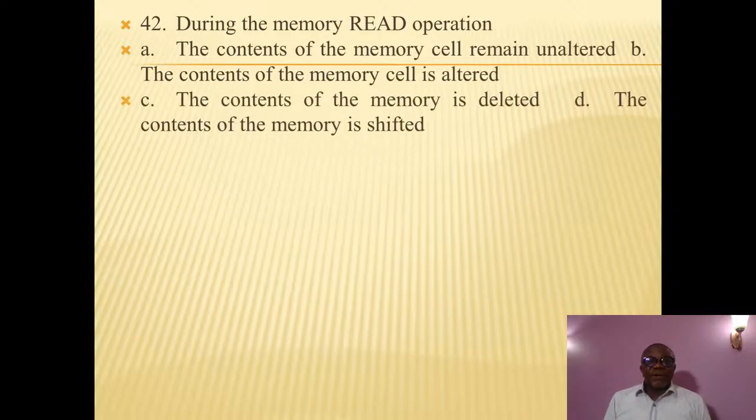C, the contents of the memory cell is deleted. And D, the contents of the memory is shifted. Our answer is A, that during the memory read operation, the content of the memory cell remains unaltered.